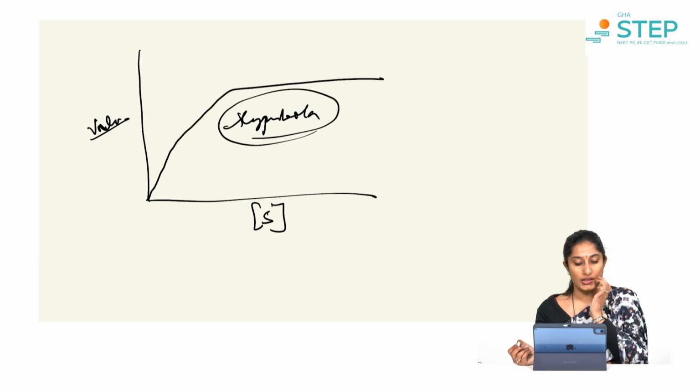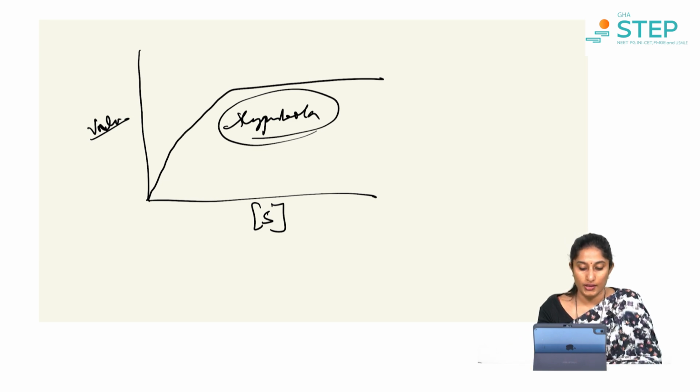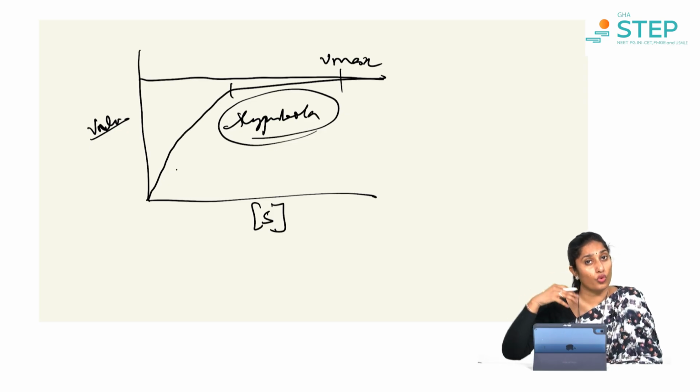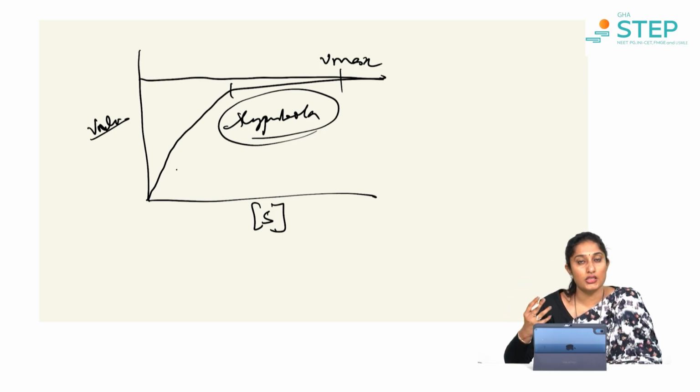Now what you are seeing here is, when we have increased the substrate, the rate of reaction has increased. After some time over here, it has reached its maximum velocity. After which, even though you are adding substrate, it is not going to cause any change because it has already reached its equilibrium point.